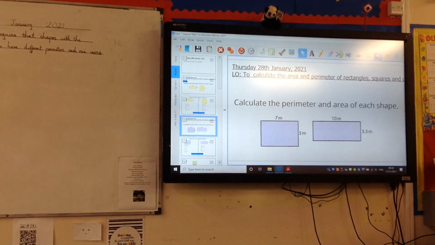Don't forget the unit of measure, so it's in metres this time.